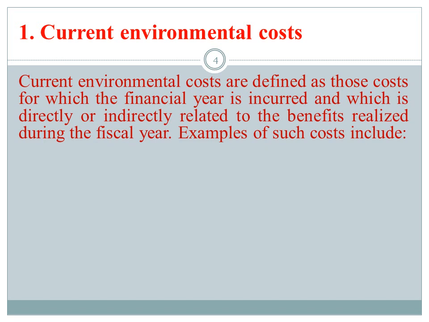Current environmental costs are defined as those costs for which the financial year is incurred and which is directly or indirectly related to the benefits realized during the fiscal year.